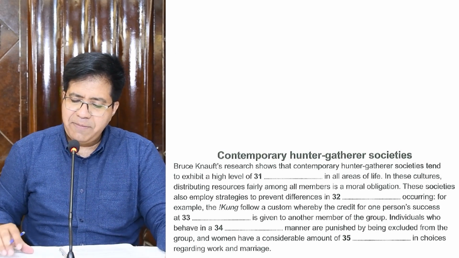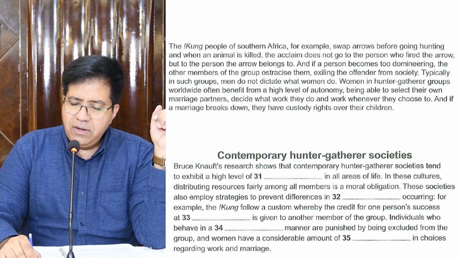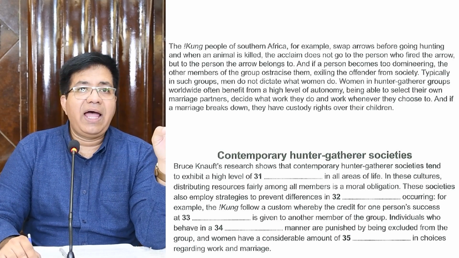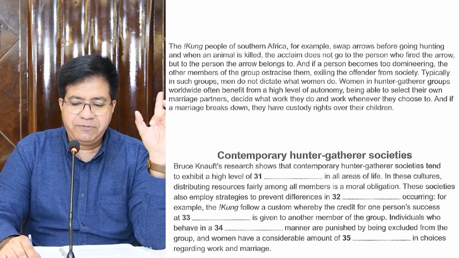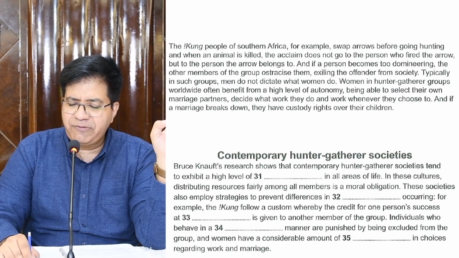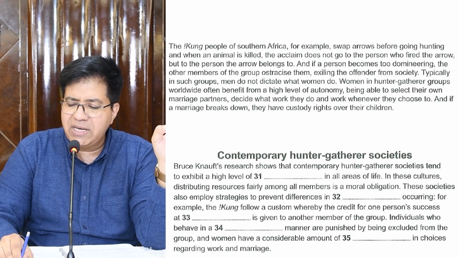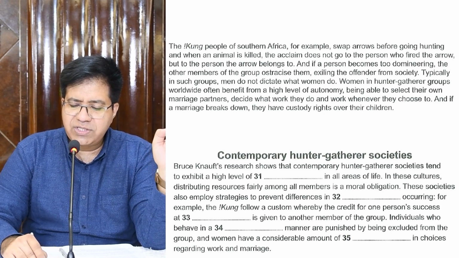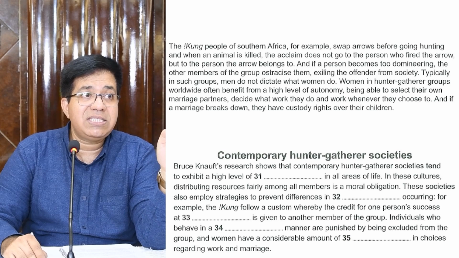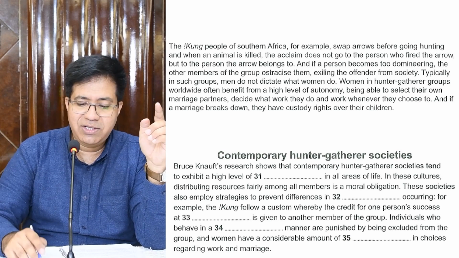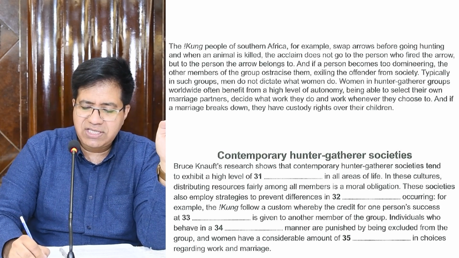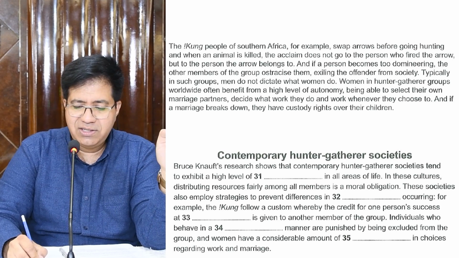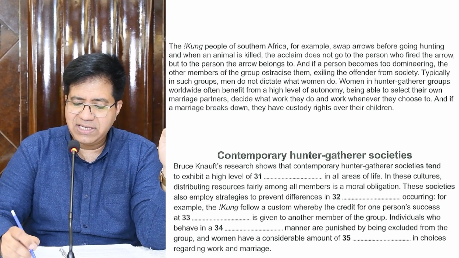So, same paragraph. Second page, first paragraph, third line after the full stop. And if a person becomes too domineering, the other members of the group ostracize them. Ostracize means punish, chastise, reprimand, and all that.